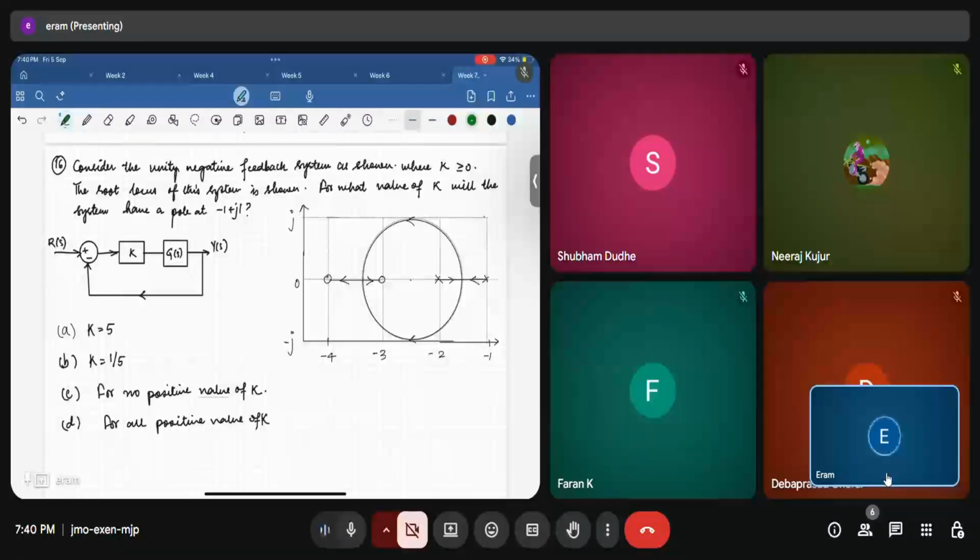That is, the root locus is this part, this part, and this circle. These 2 points are the open loop zeros and these 2 points are the open loop poles. This is -1, -2, -3, -4, and this is minus j, this is 0, and this is plus j.